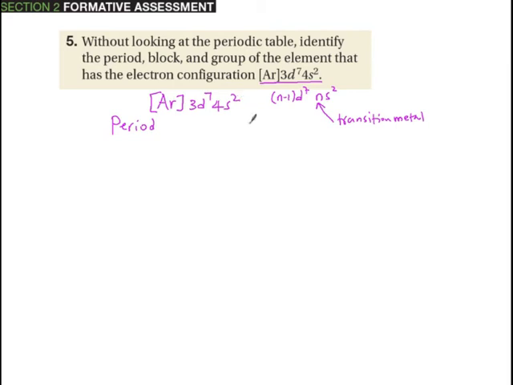The fourth shell indicates the period, so the element is in the fourth period.